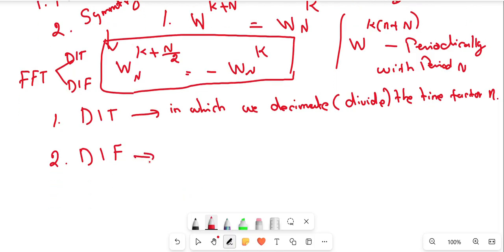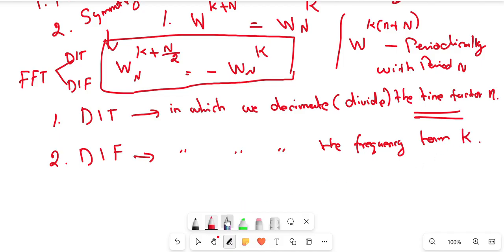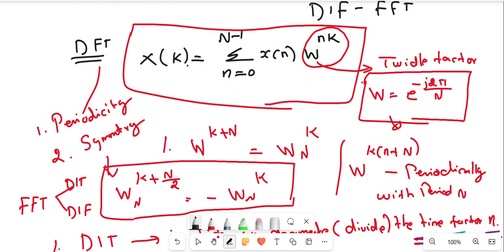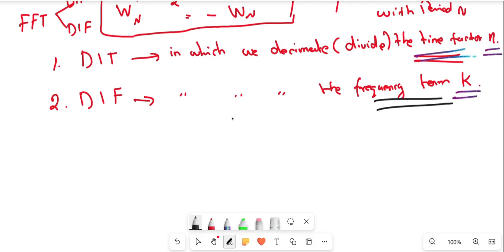In decimation in frequency, we decimate the frequency term k. In that equation, n is the time factor and k is the frequency term.